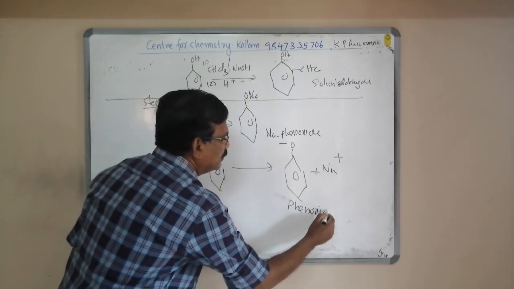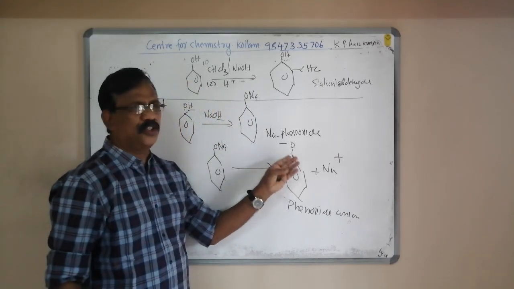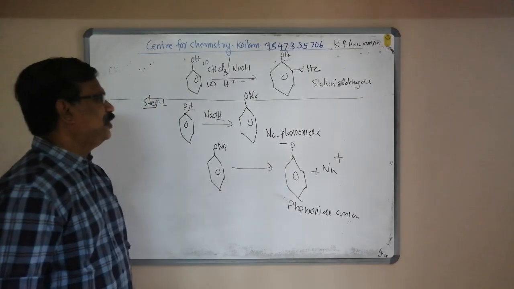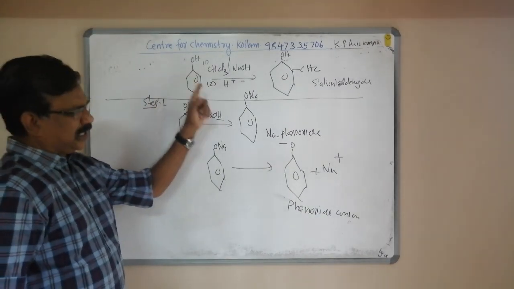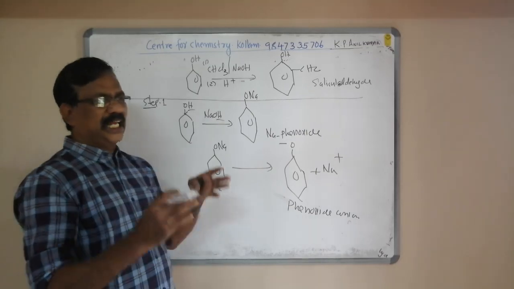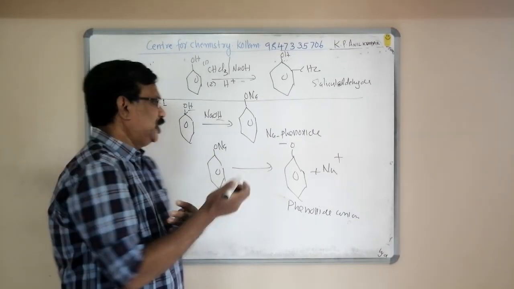This phenoxide anion, like phenol, is also ortho-para directing. So phenol is first converted into the phenoxide anion. Then this is an electrophilic substitution reaction. This is step 1.